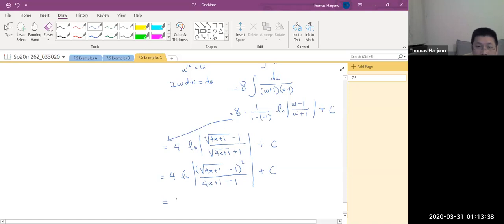That will give us 4 times ln of the square root of 4x plus 1 minus 1, squared over 4x.